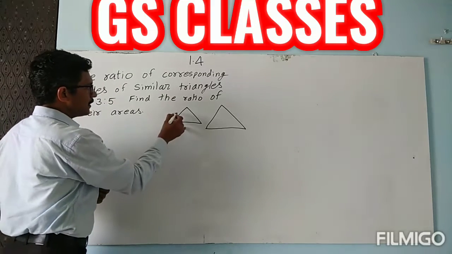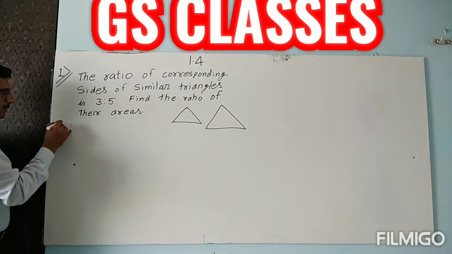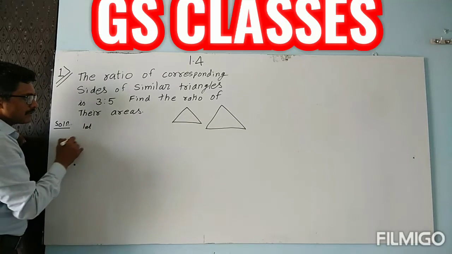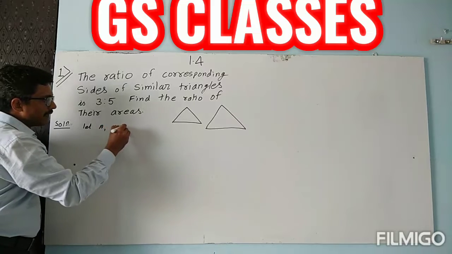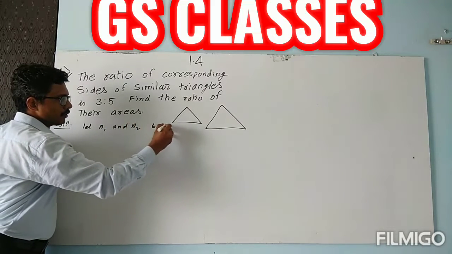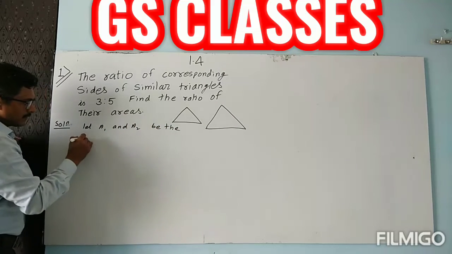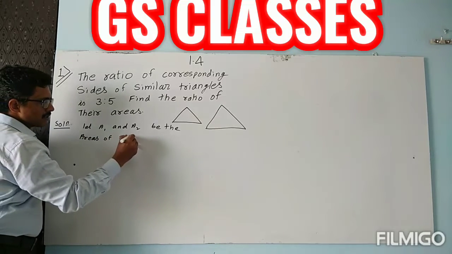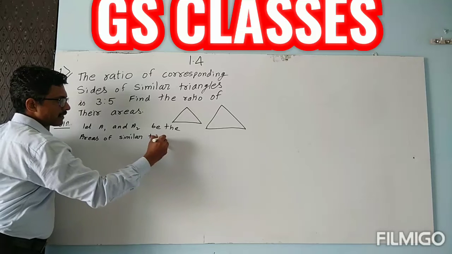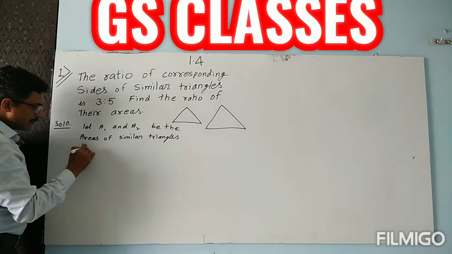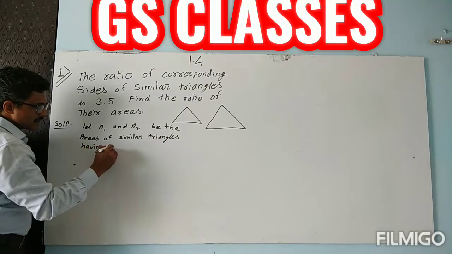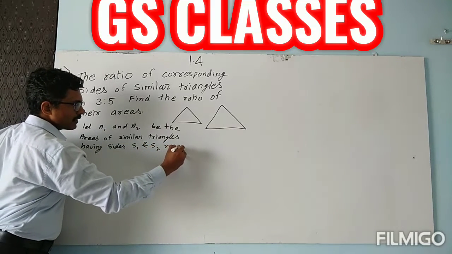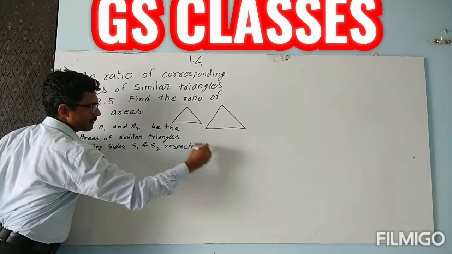Children, while solving, we will consider let A1 and A2 be the areas of similar triangles having sides S1 and S2 respectively.